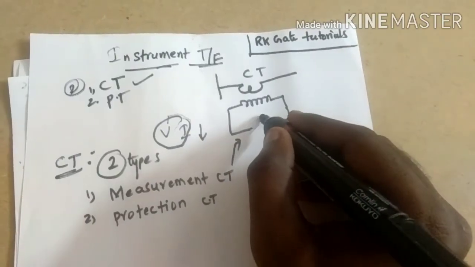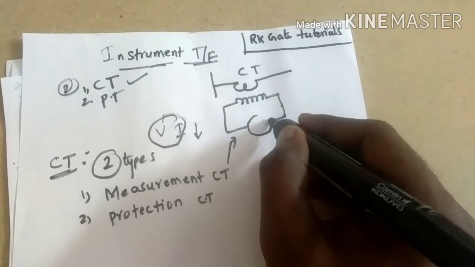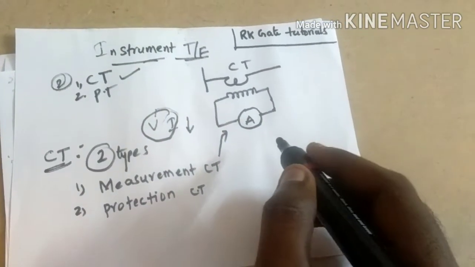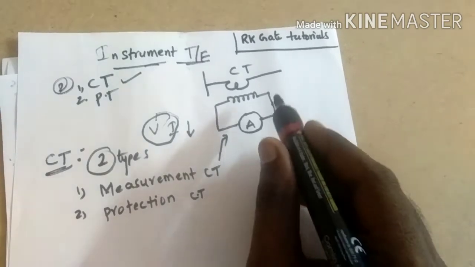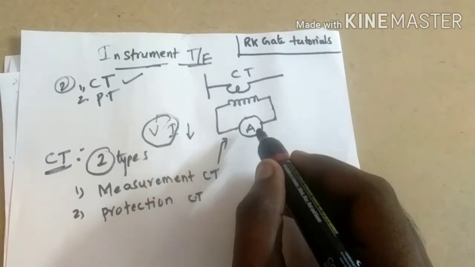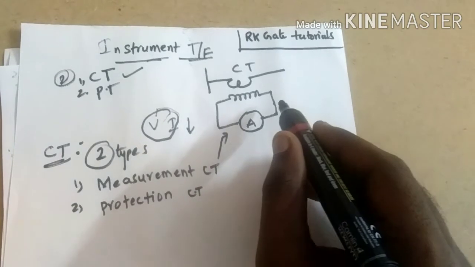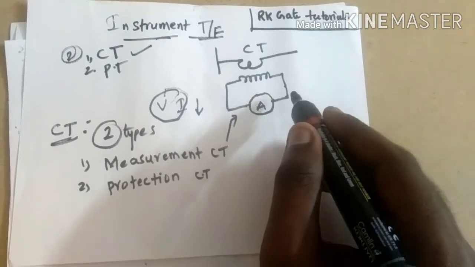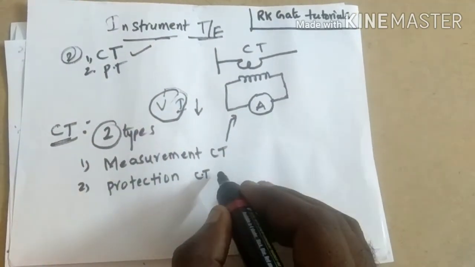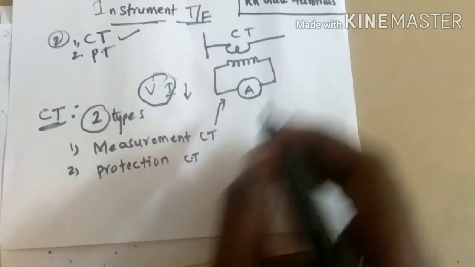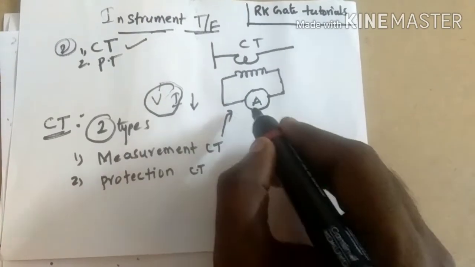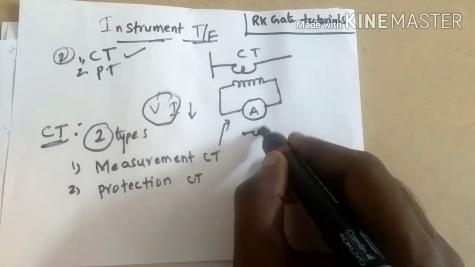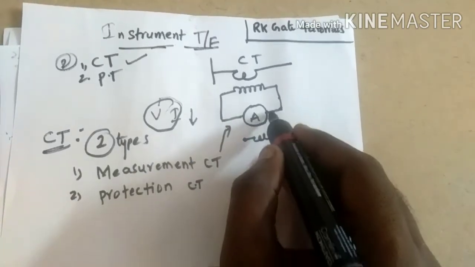So here there is just a measuring element, that is an ammeter. This will be the construction of the current transformer which is the measuring CT. Then how would the protection CT be? On the secondary side there will be a relay coil.